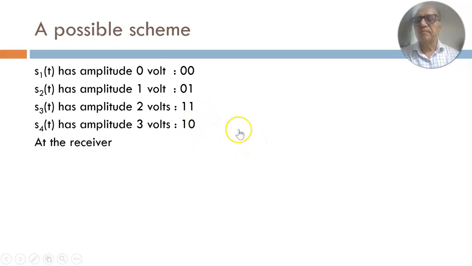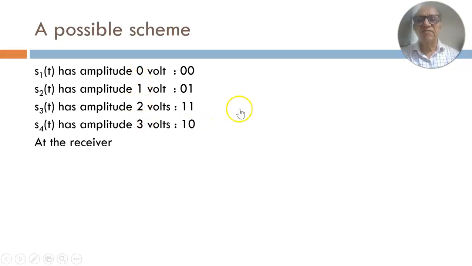Alright. So at the receiver, how do you decode? What you receive is s1(t), which has an amplitude of 0 volt, or s2(t), which has an amplitude of 1 volt, and so on. But because of the noise in the system, because of the distortion in the system, the amplitude that you detect may not be exactly equal to one of these four.